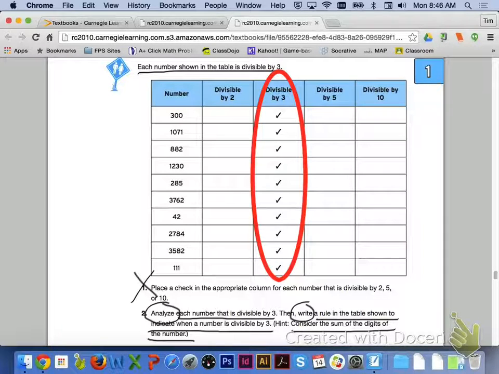Then you're going to write a rule in the table below to indicate when a number is divisible by 3. And it gives you a little hint here to consider the sum of the digits of the numbers that you are analyzing. So go ahead and do number 2 down at the bottom of page 37.